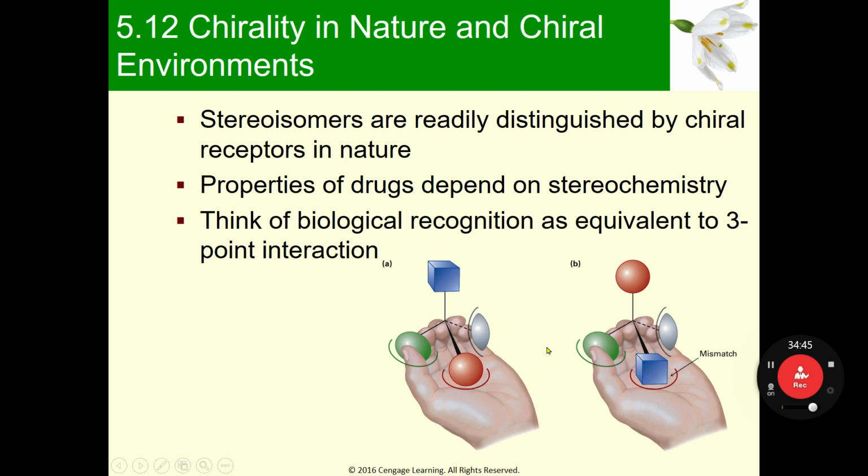Because your hands are chiral, if you have some other chiral compounds, we can imagine the affinity of your right or left hand with the chiral molecules. For example, here, this is your left hand, and let's say you have a chiral compound. In this case, the green, red, and sky blue spheres are close to your hand.